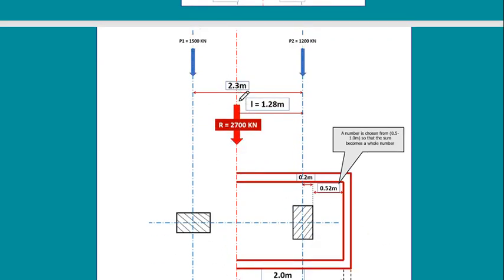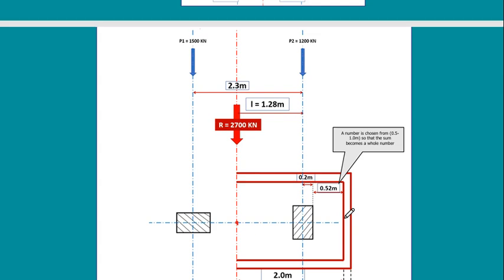Imagine that we said this is the resultant, and this is the place where I need the CG of the footing to be. So the distance from here to there is just half of the total footing.